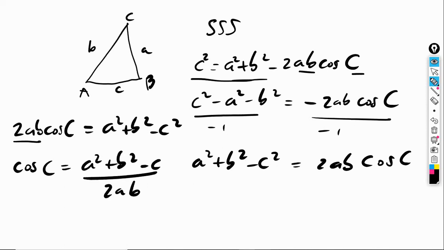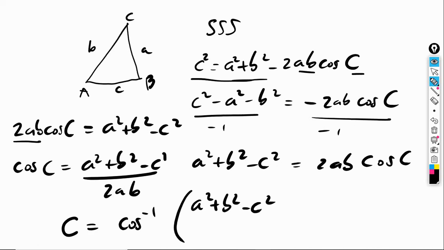And we got the expression we wanted, because with this we can affirm that angle C is equal to the inverse cosine of a squared plus b squared minus c squared over 2ab. And this is a very useful formula that we're going to apply right away.